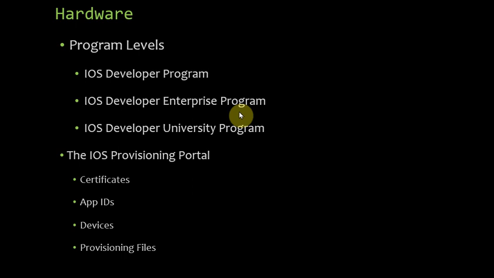So you have developed an app, and you can distribute that app in the App Store in any of these ways. The cost for this program is $99 a year, and you're allowed to name 100 devices within your iOS development account.